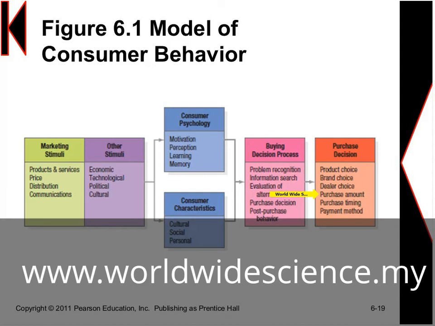But for a smartphone, as usual, maybe you will buy one. And purchase timing, how you arrange your time to purchase, and the payment method. You pay cash or use a credit card or something like that, and that is a purchase decision. In this case, purchase decision can be divided like this.